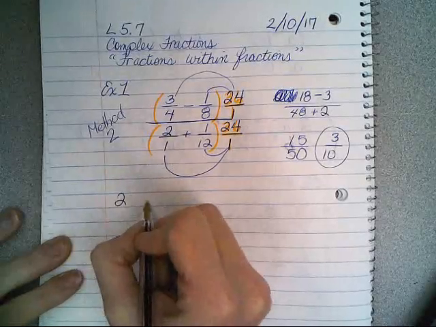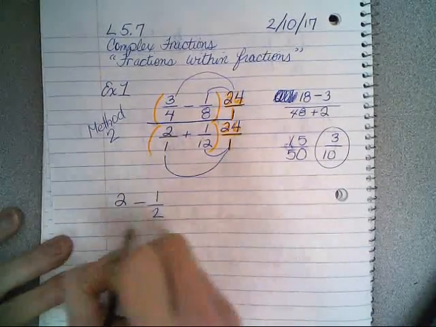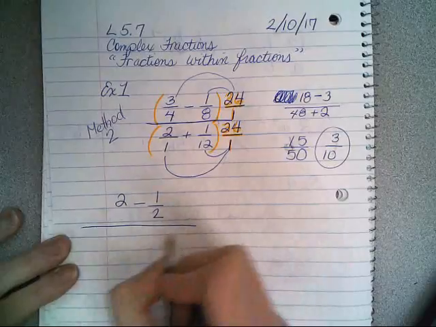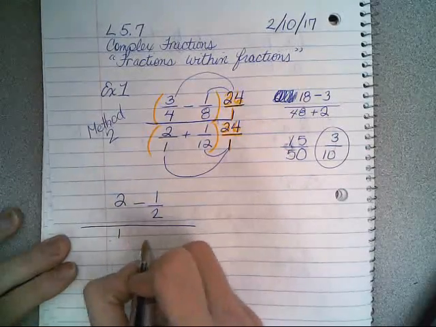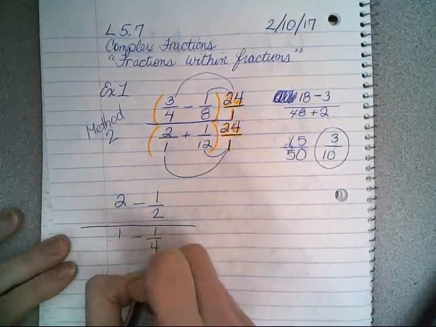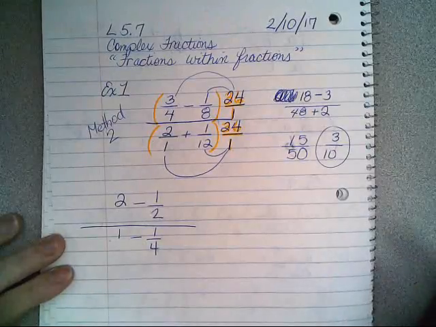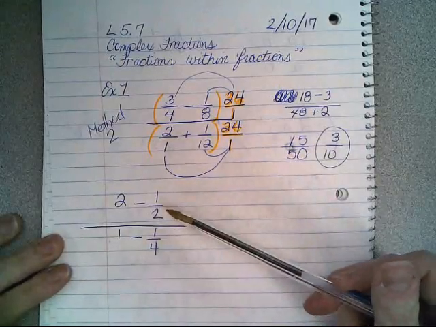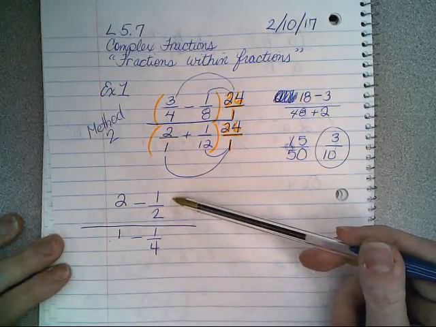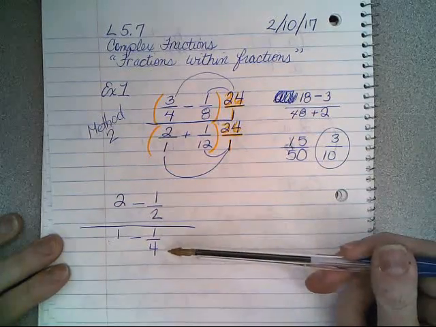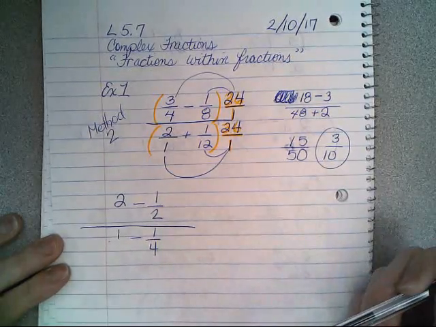2 minus 1/2 divided by 1 minus 1/4. So most of you could probably see that this ends up being 1/2 over 3/4, and then you divide.